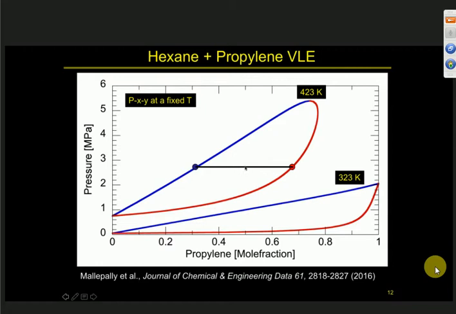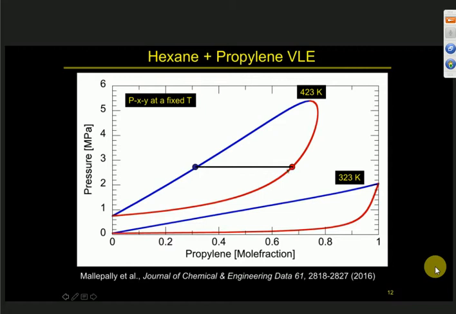The overall solution composition is 50-50, but when you are in the two phases, the liquid phase has 30 mole percent propylene and 70 percent hexane, whereas the vapor phase has close to 65 or 68 mole percent propylene, and the rest is hexane.